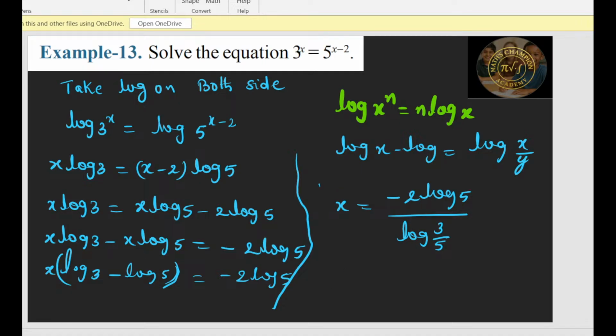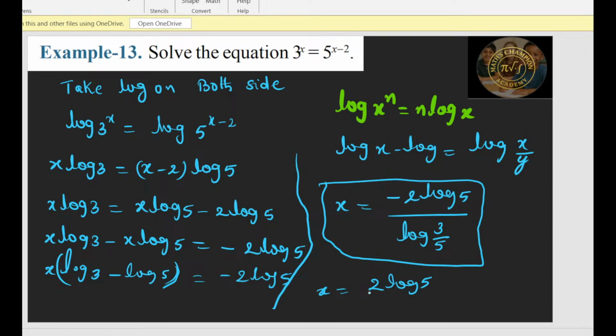Then what is the x value here? If you want to remove this minus sign, you can take x is equal to 2 log 5 by log 5 by 3. Both are correct.